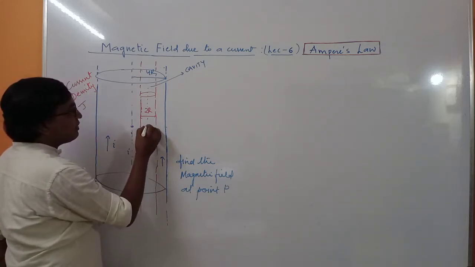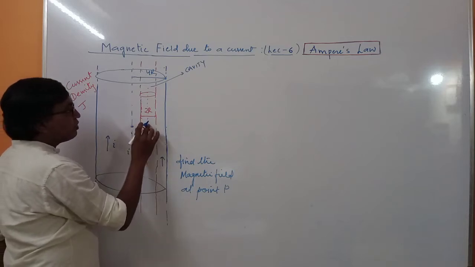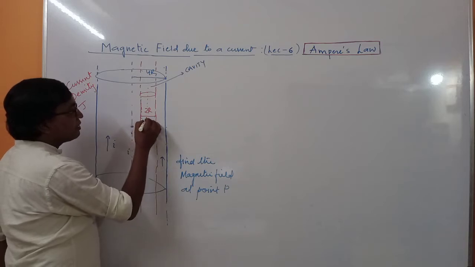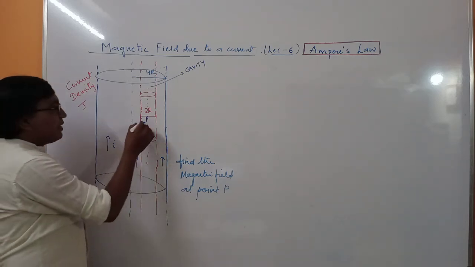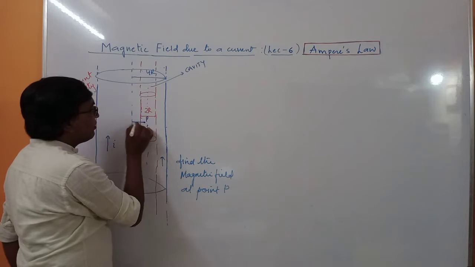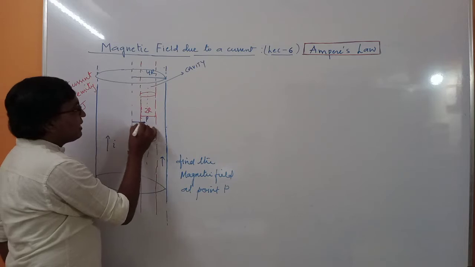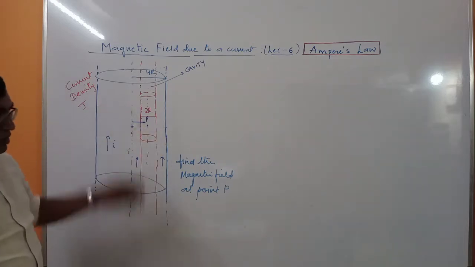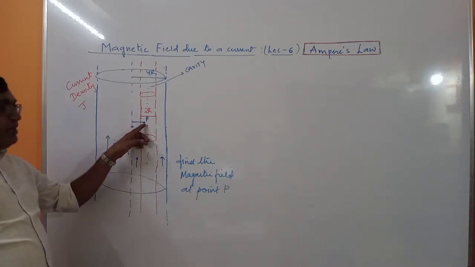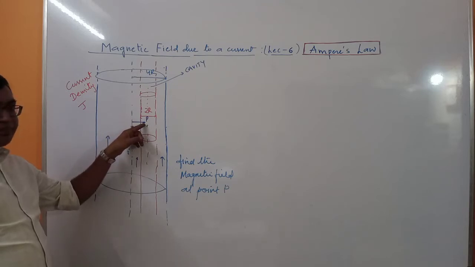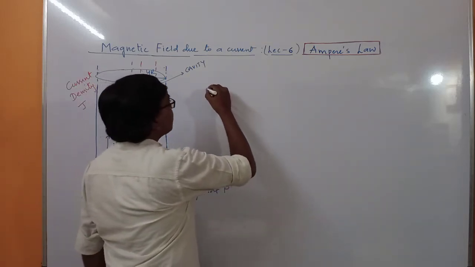So let us say point P is here, somewhere inside the cavity. So this is point P. So you have to find out magnetic field at this point P, which is at a distance of x. So find the magnetic field at point P, and point P is inside the cavity.